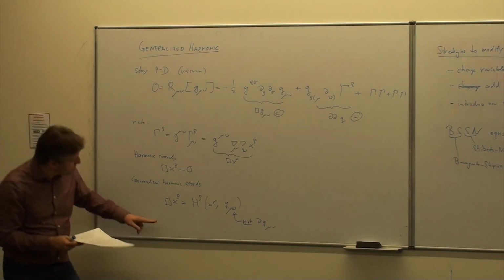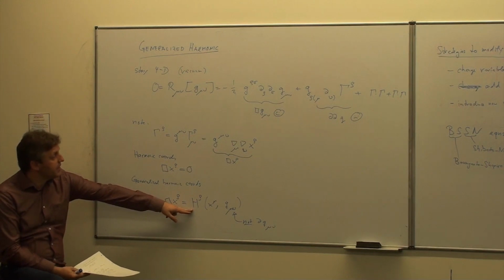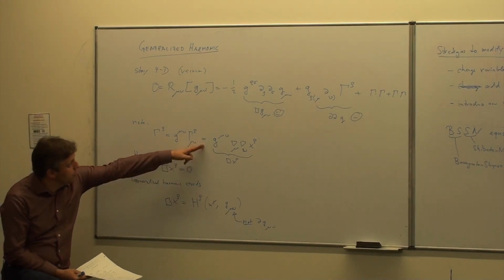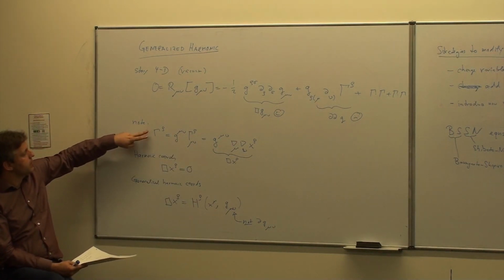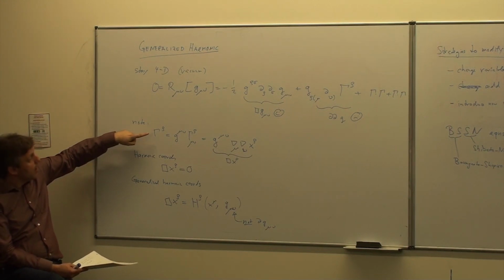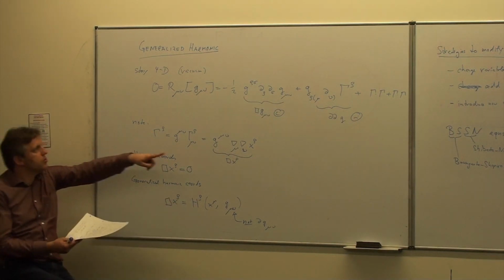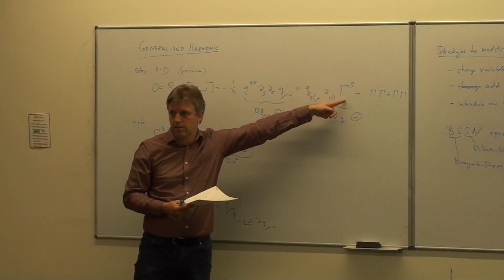And so if you require a gauge that box of x equals h, then by virtue of here, that means that these traces of the Christoffel symbols are identical to the h function, and so we can substitute the h into the evolution equation.